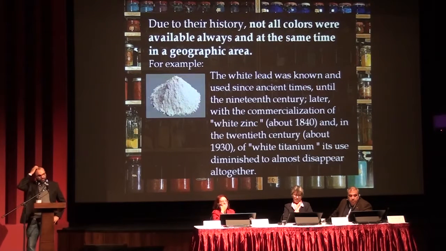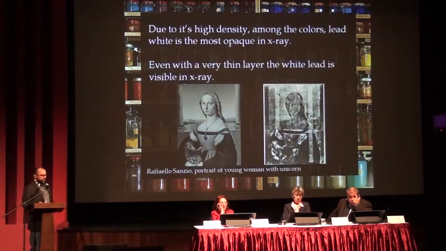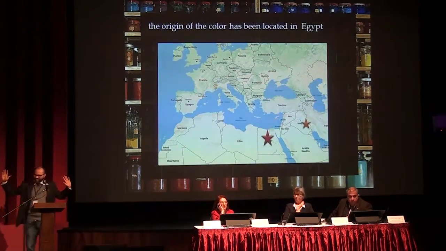White lead was one of the most used colors in the past, because it was white and very covering, but it was used up to 1840, because it was very poisonous. In the 17th century, the King of France asked his chemist, his alchemist, to find a solution, because his painters were dying, because the white lead is very poisonous. So white zinc, oops, I don't touch anything.